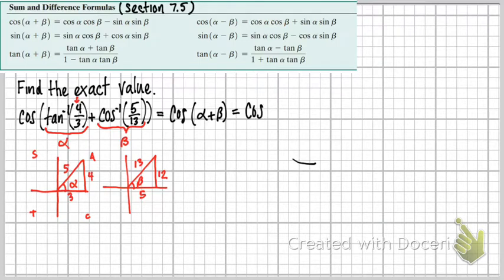So cosine of alpha times cosine of beta minus sine of alpha sine of beta.